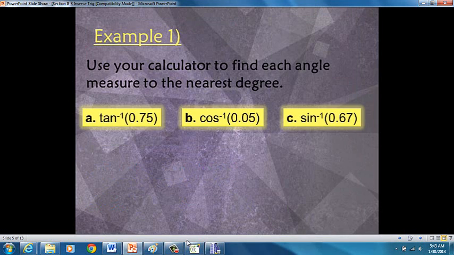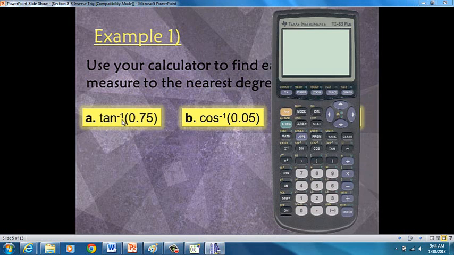In the first example, we're going to use our calculator to find each angle measure to the nearest degree. Looking at the first one, we are looking for the angle whose tangent is 0.75. To find the angle, we're going to use the tangent inverse. Let's pull up the calculator.